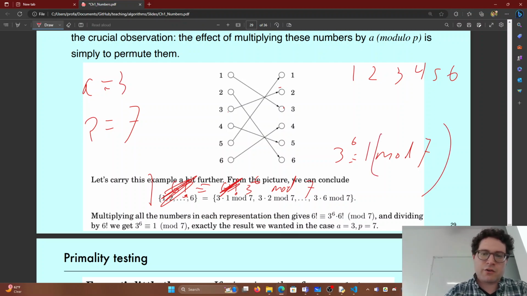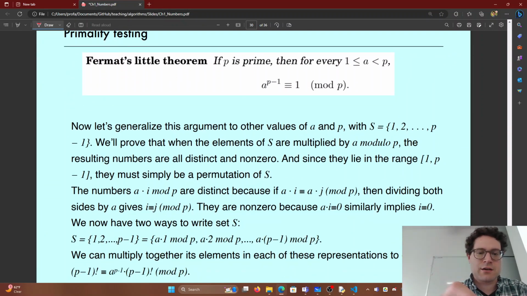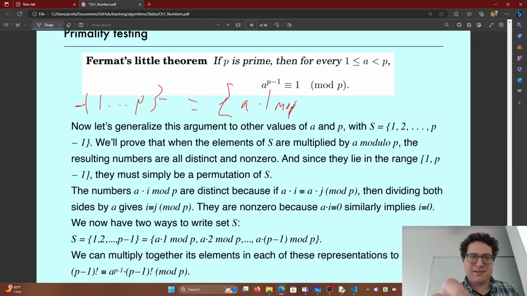Okay? So that shows it for one example, and then we can just take the same exact thing over here, where we have 1 all the way to p, and then we select some a times 1 mod p, a times 2 mod p, et cetera.